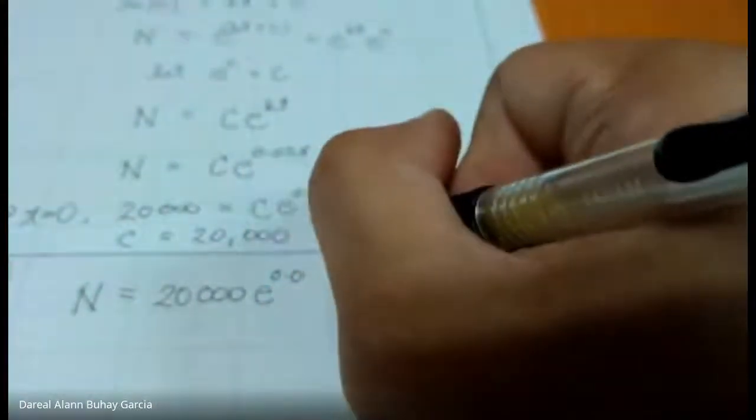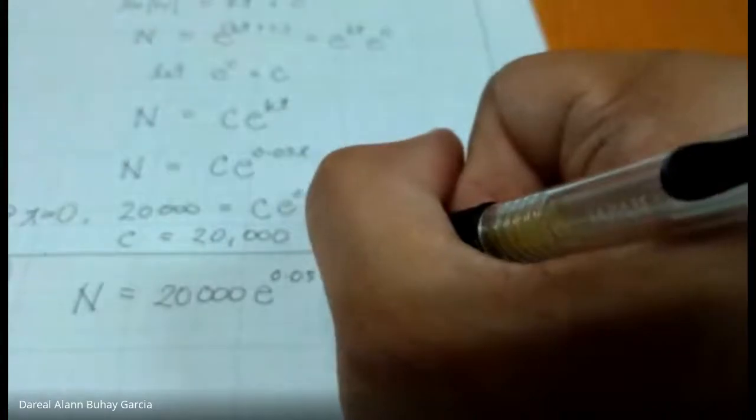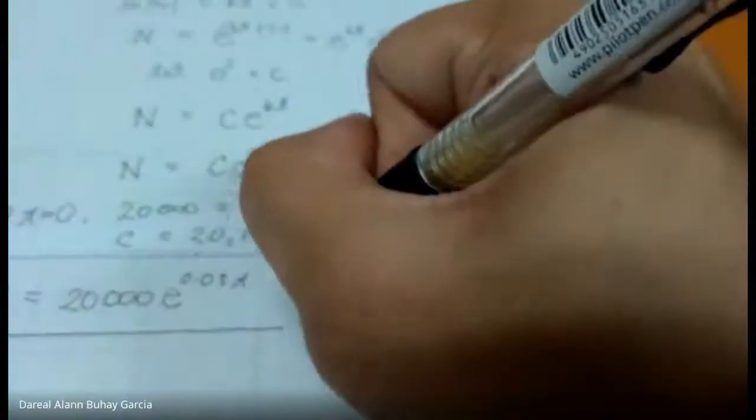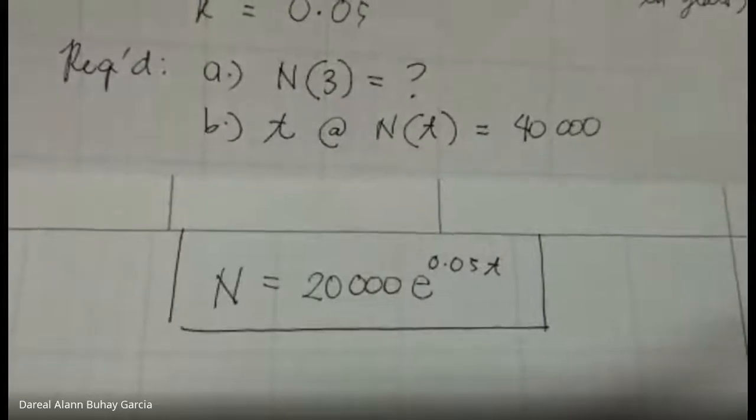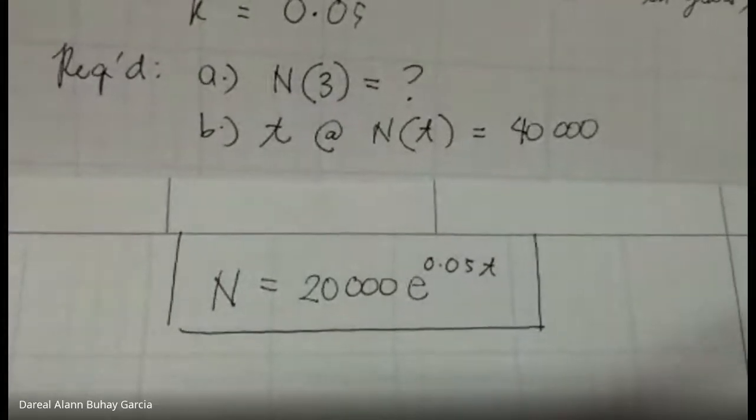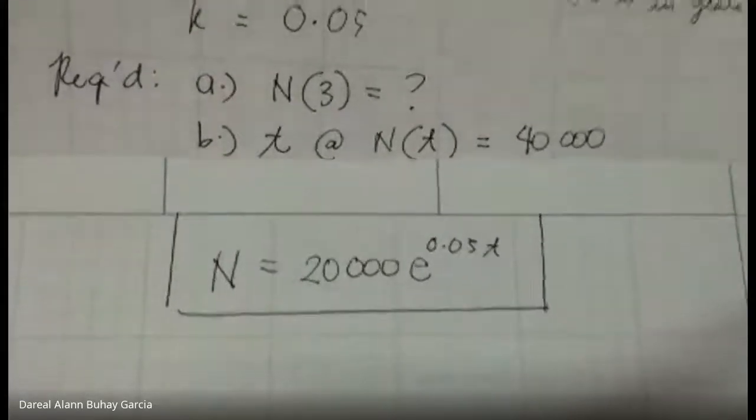Of course, not yet final answer kay lahi man natong required. N at 3, and what is t when n is 4,000. So actually, I hope you'll appreciate this, class, that pag masolve na itong differential equation, na-reduce na ang atong word problem into a problem of algebra.